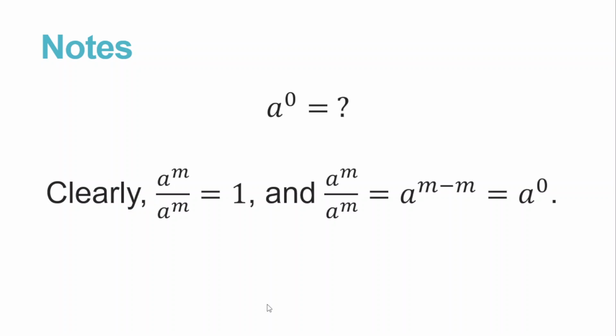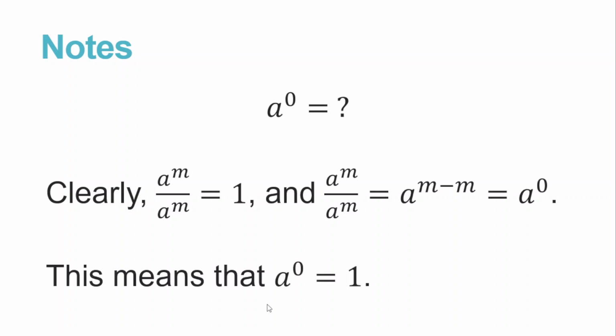So it will give us a raised to the 0. This means that a raised to the 0 is equal to 1. A specific number or an integer raised to 0, a raised to 0, is always equal to 1.